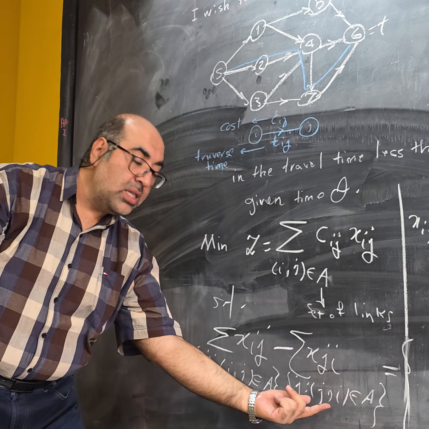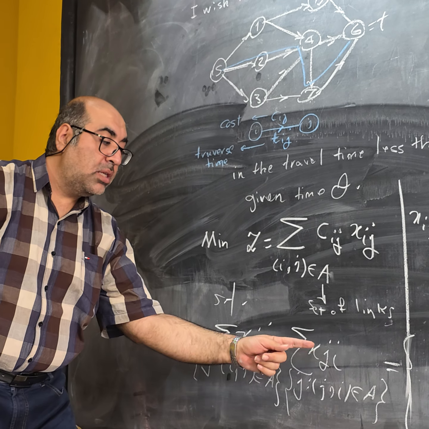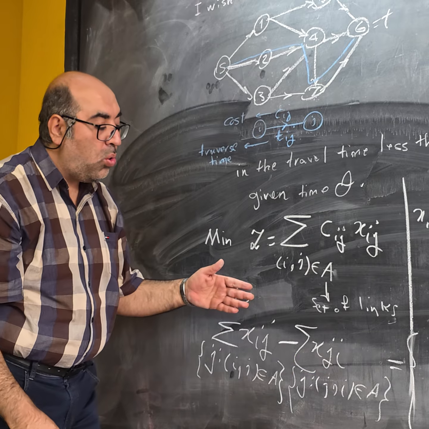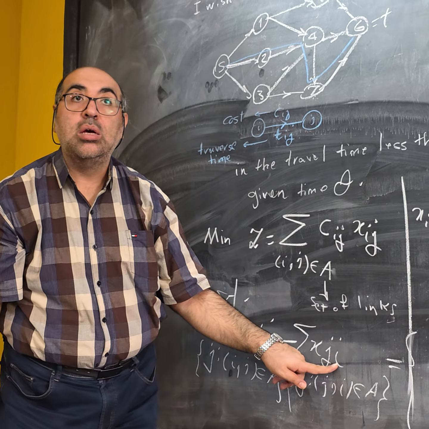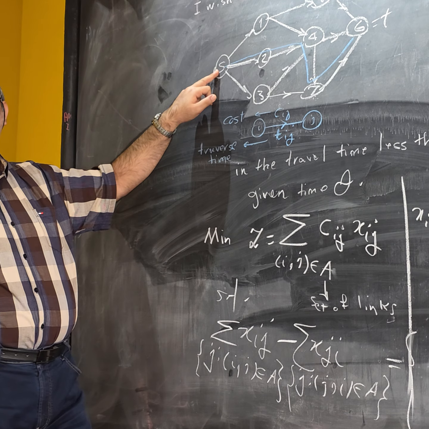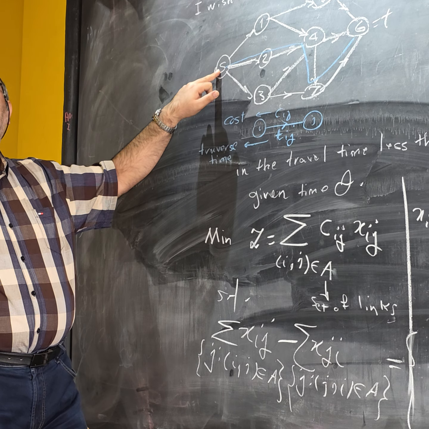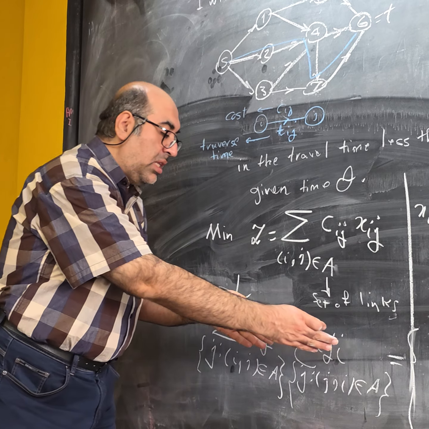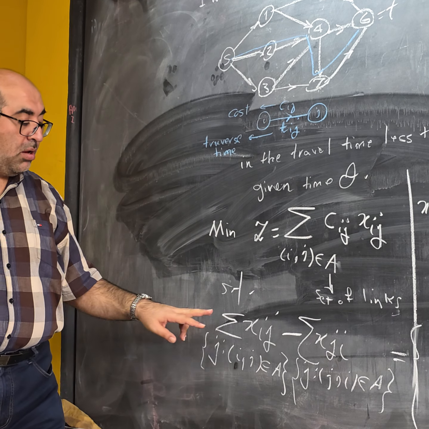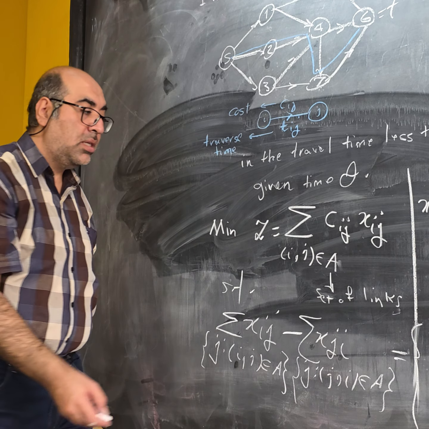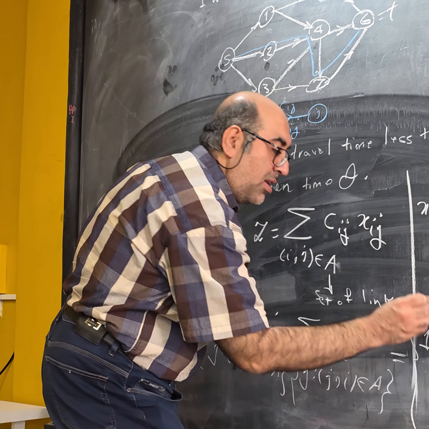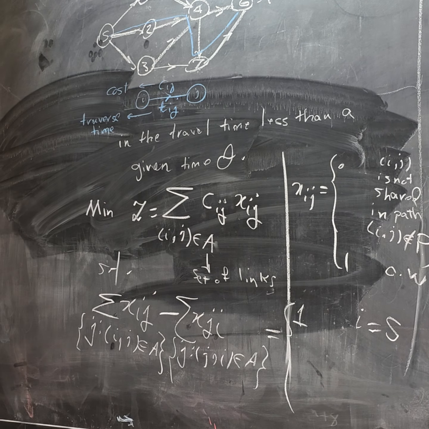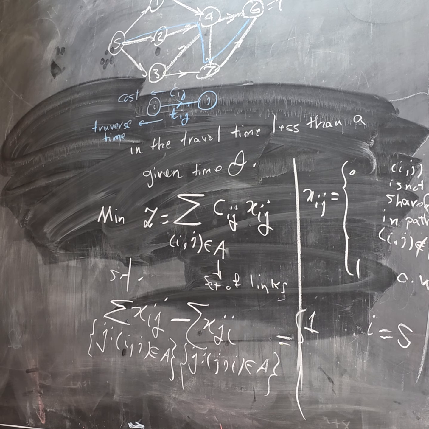But the second summation is the summation of the links that enter i. But i is the source. We have not come back to the source. Because of that, the second summation is 0. 1 plus 0 is 1, when i is equal to the source or origin.